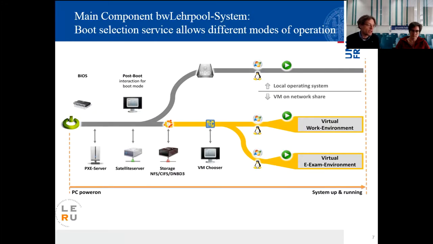The main component, which is the base for all of this, is that we provide a middle layer, the so-called bwLehrpool system, which allows booting a standard PC somewhere in a computer lab, in the PC pools around the campus, into a net-booted Linux operating system.